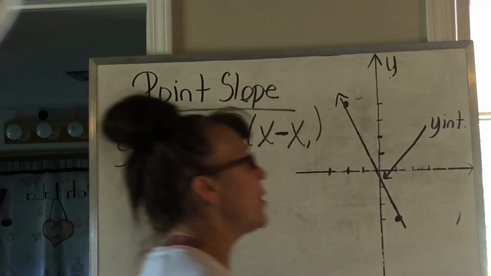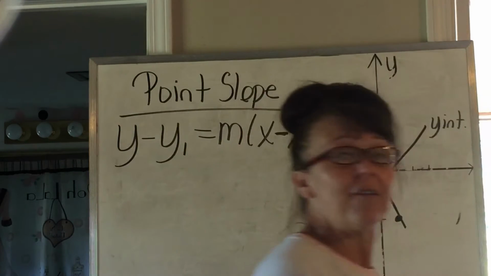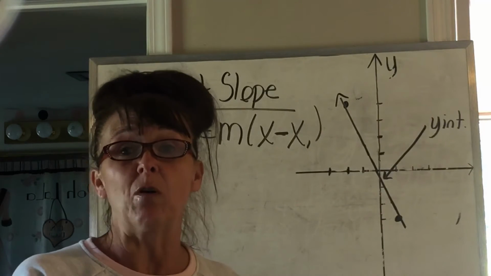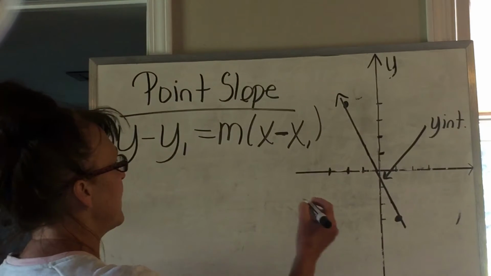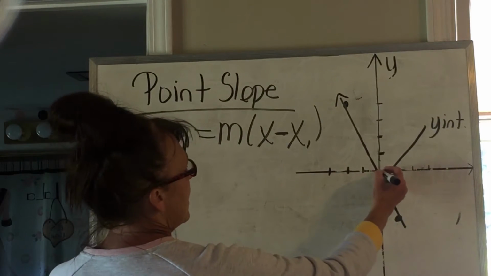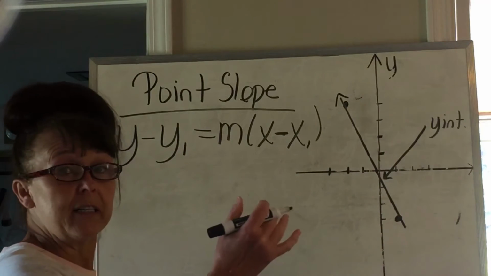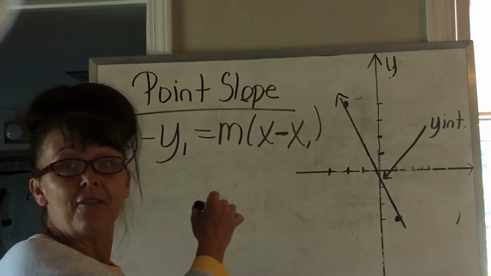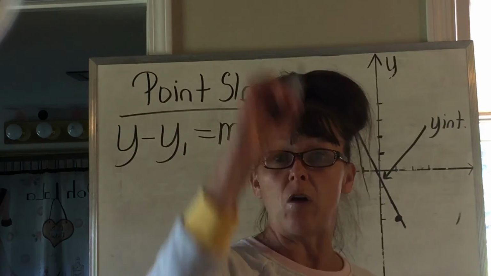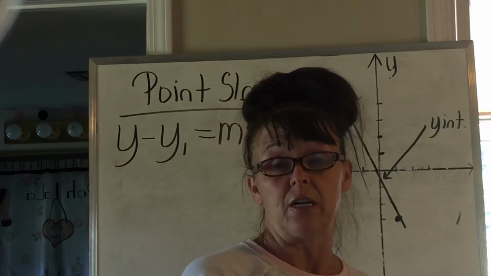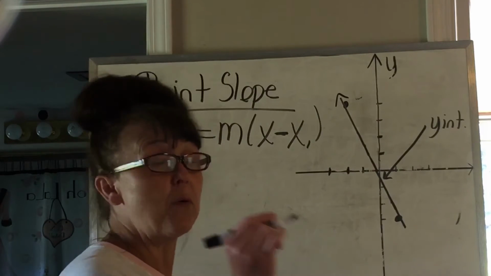All right, and so we have to find x1 and y1. We have to find a point that's on our line. I'm going to point those out to you. When you're reading a point, you have to go left and right first. If you were doing slope, you'd have to go up and down first. But we're reading a point.